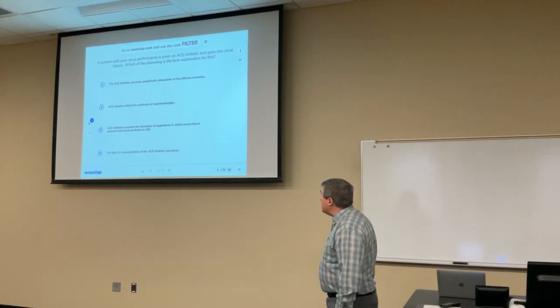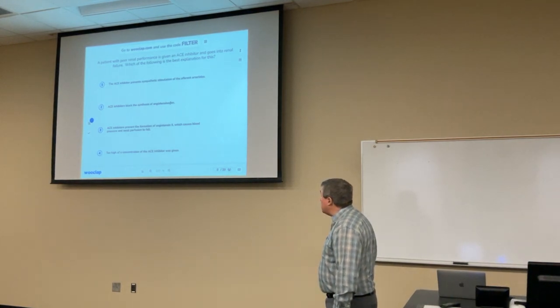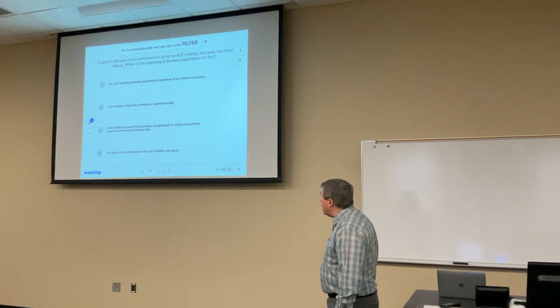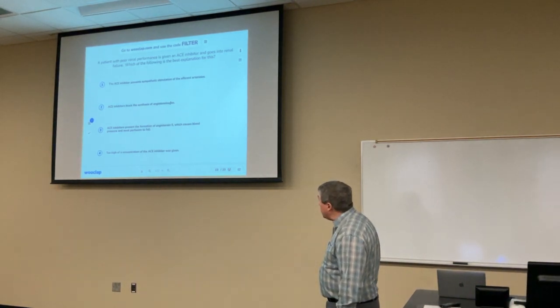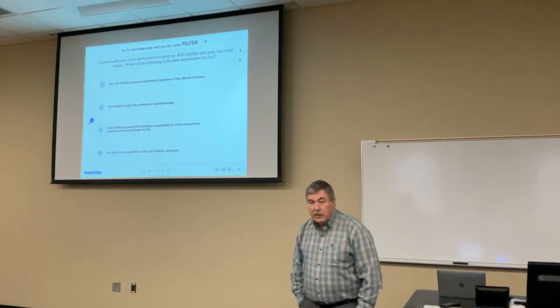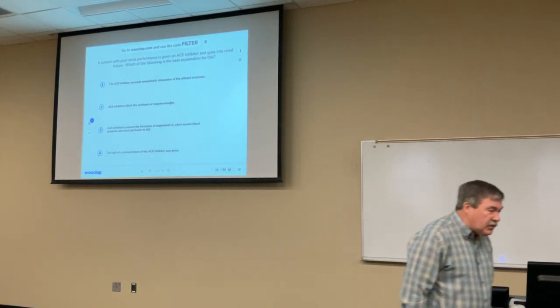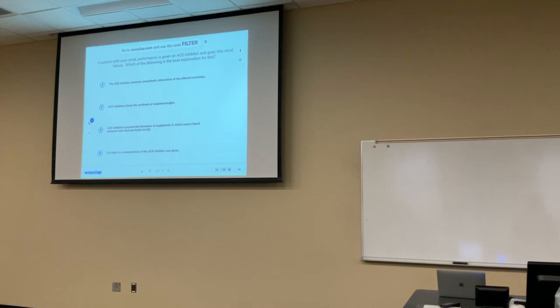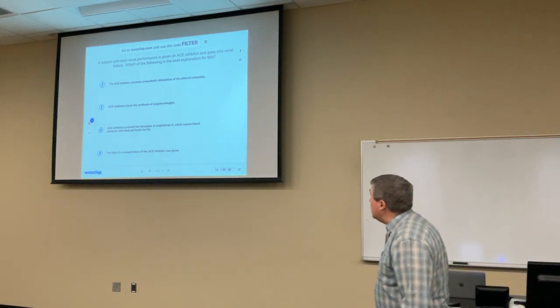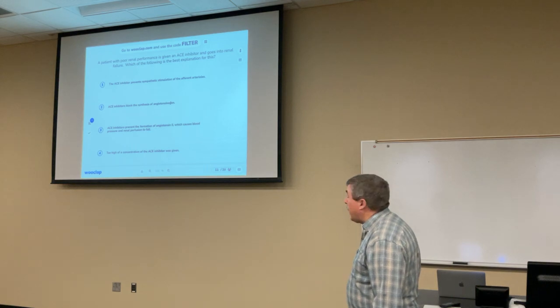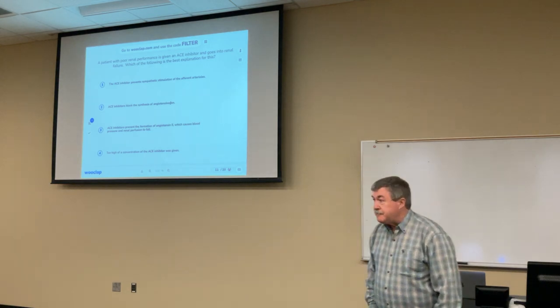Is it because ACE inhibitors prevent the formation of angiotensin II, which causes blood pressure and renal perfusion to fall? Or is it because too high of a concentration of ACE inhibitor was given? So, which of those is the most plausible explanation for why that patient went into renal failure?